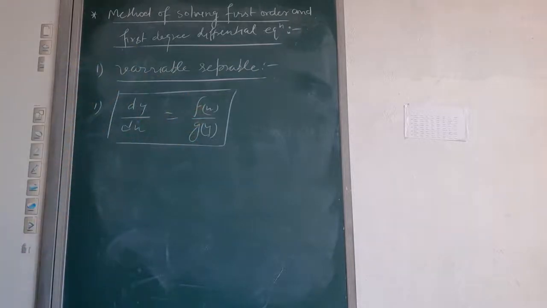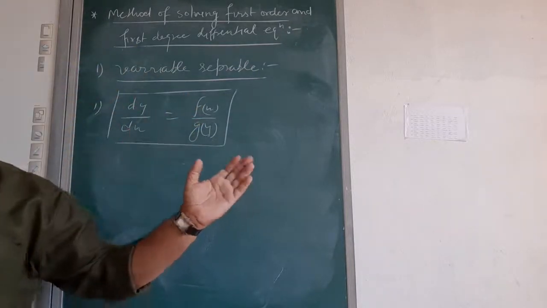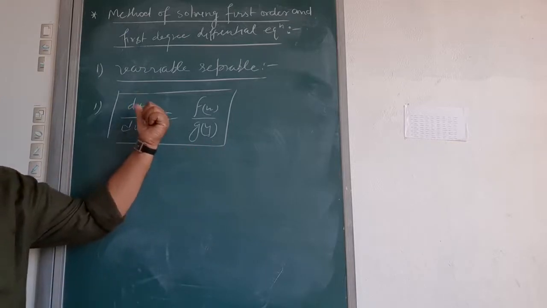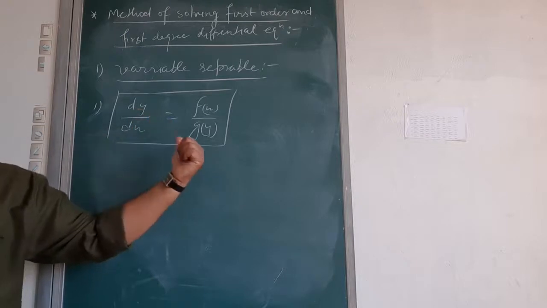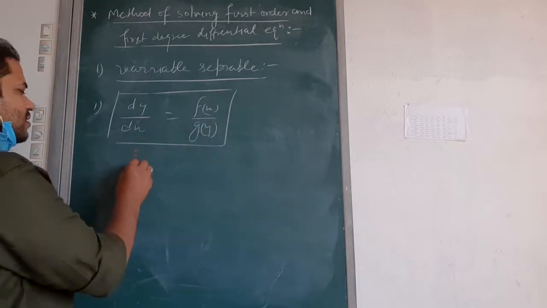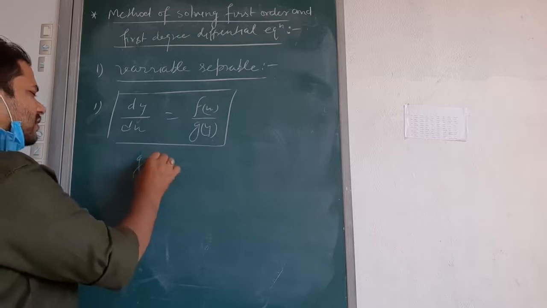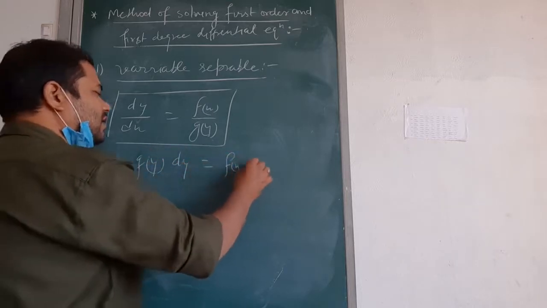Here you just separate the variables. That means the function of y should be with dy and x should be with dx. So g(y) dy is equal to f(x) dx.